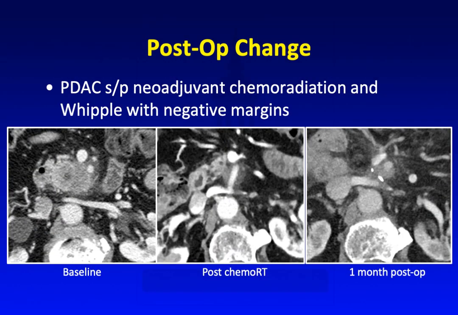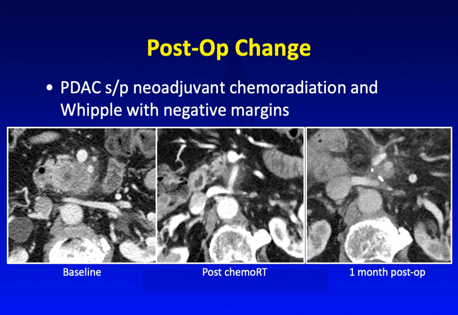And it's particularly important when more and more of our patients undergo neoadjuvant chemoradiation before surgery. So this is the patient at baseline. You have this locally advanced cancer, and this is the patient after chemoradiation. And you still see this ill-defined collar of soft tissue around the SMA.